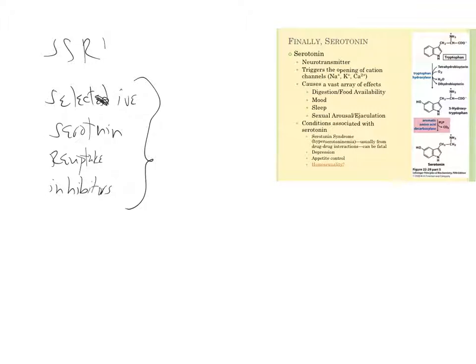Because of the reuptake, so don't hate me for my beautiful drawings. The idea is serotonin ultimately gets released, and the presynaptic neuron would take it in. Let's say those are the receptors to take them in, and then the SSRIs bind to those, or to specific ones, and that way more serotonin stays out longer, in theory.